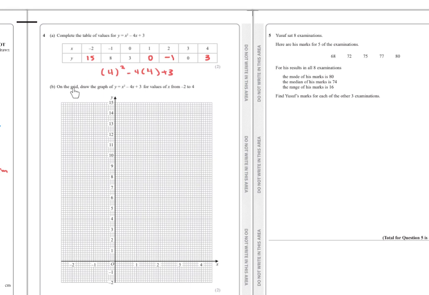Now B, on the grid, draw the graph y equals x squared minus 4x plus 3 for the values of x from negative 2 to 4.